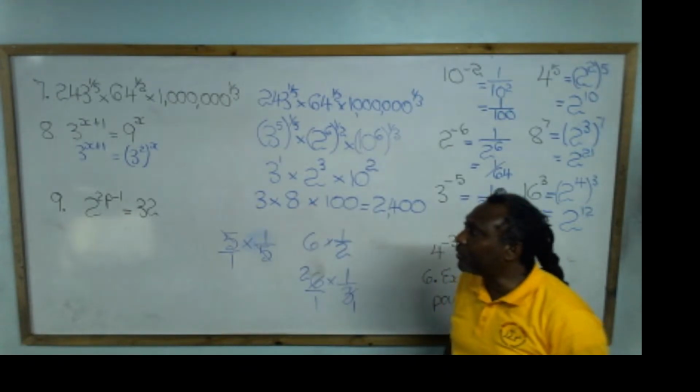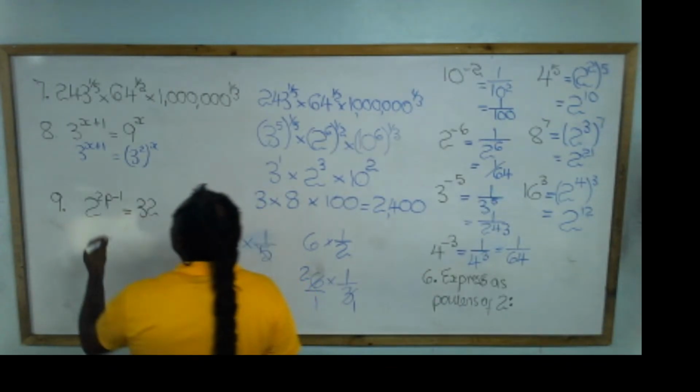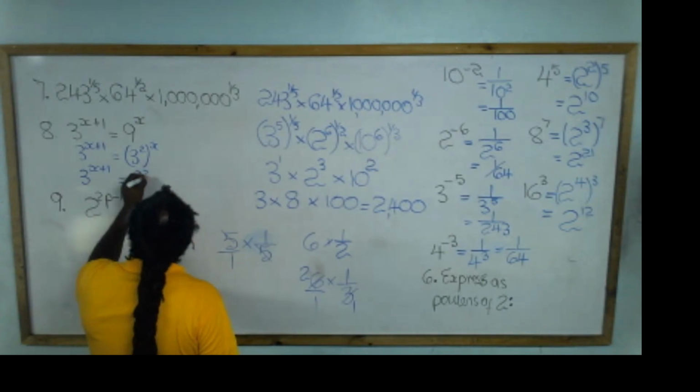So what do you notice? 3 to the power of x plus 1 is equal to 3 to the power of 2x.